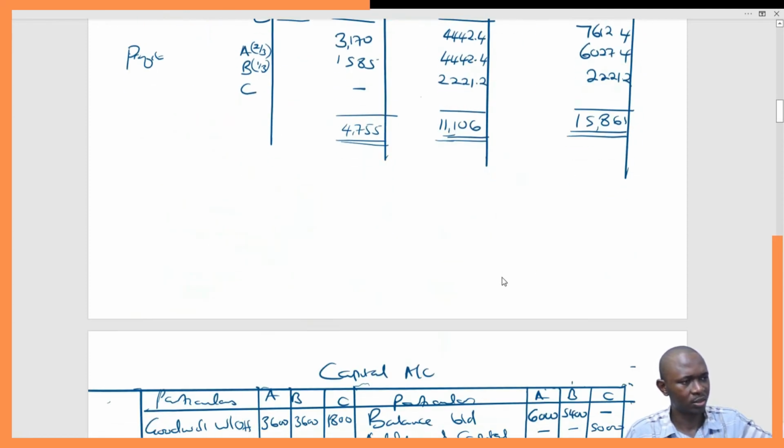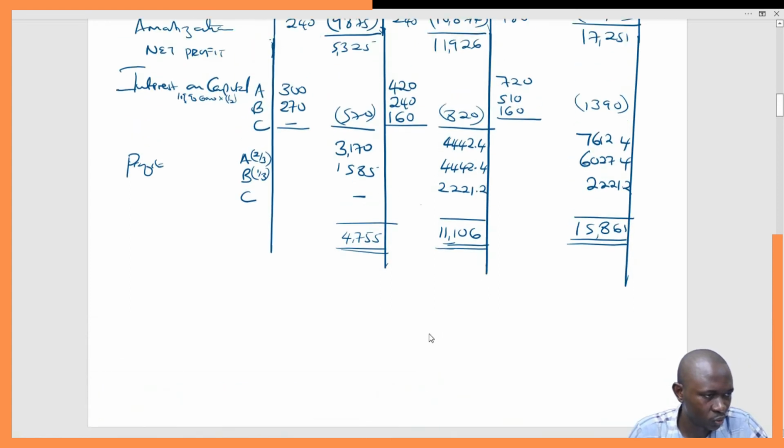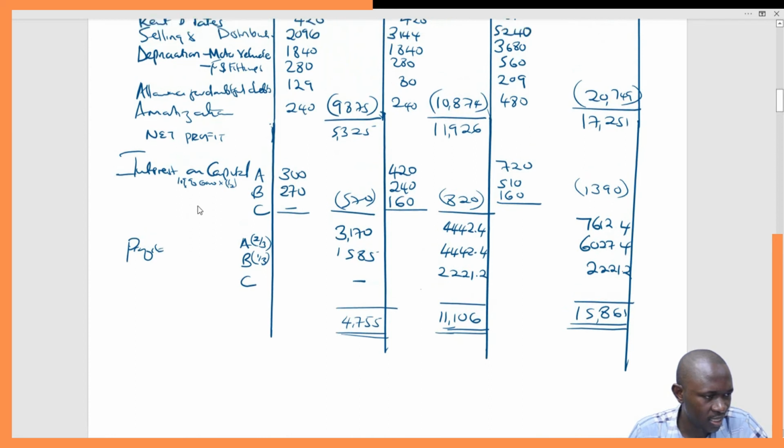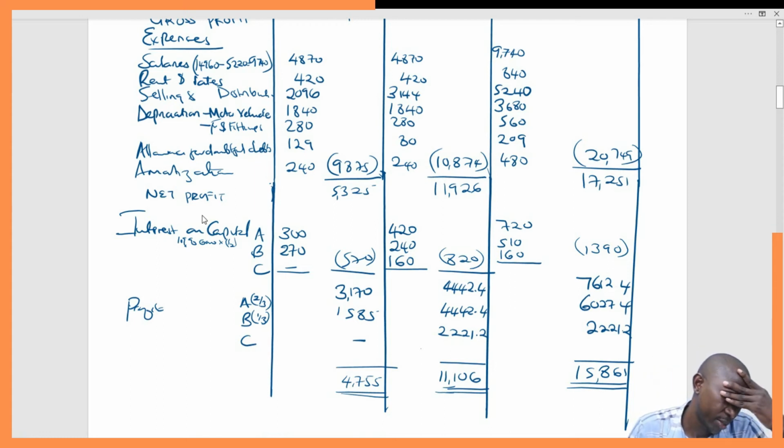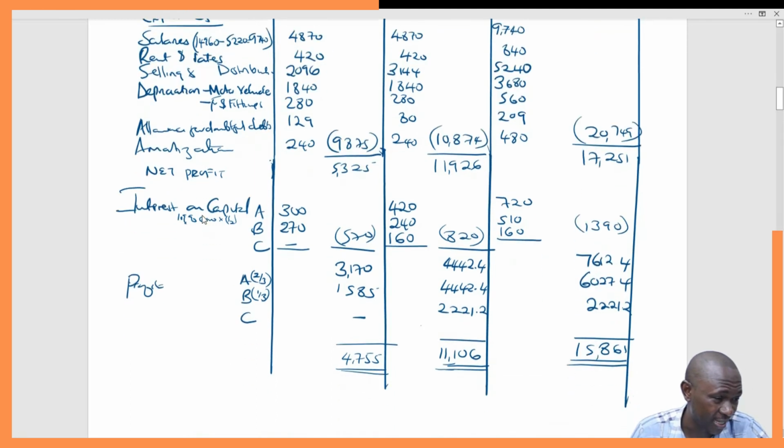Where do we go next? We go to anything that happens within that particular year, because the partners' current accounts capture this recurrent kind of stuff, and interest on capital has just been earned.